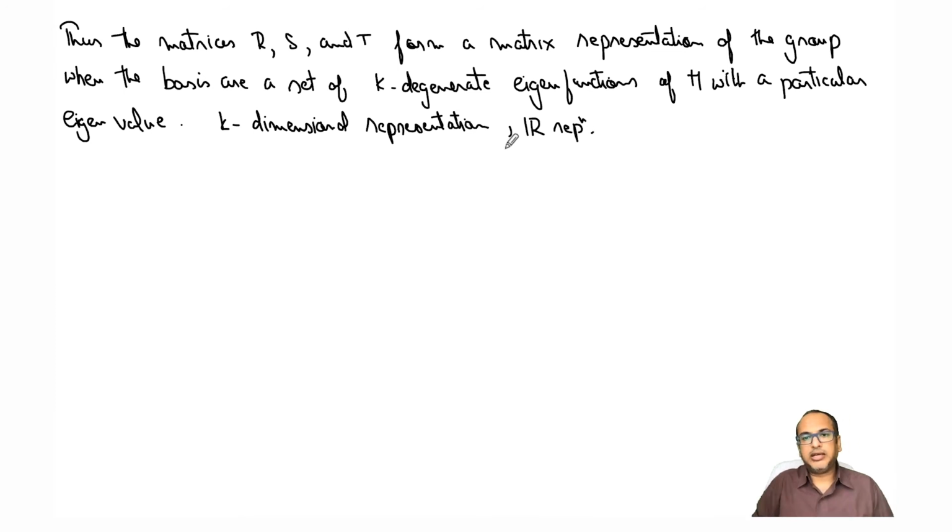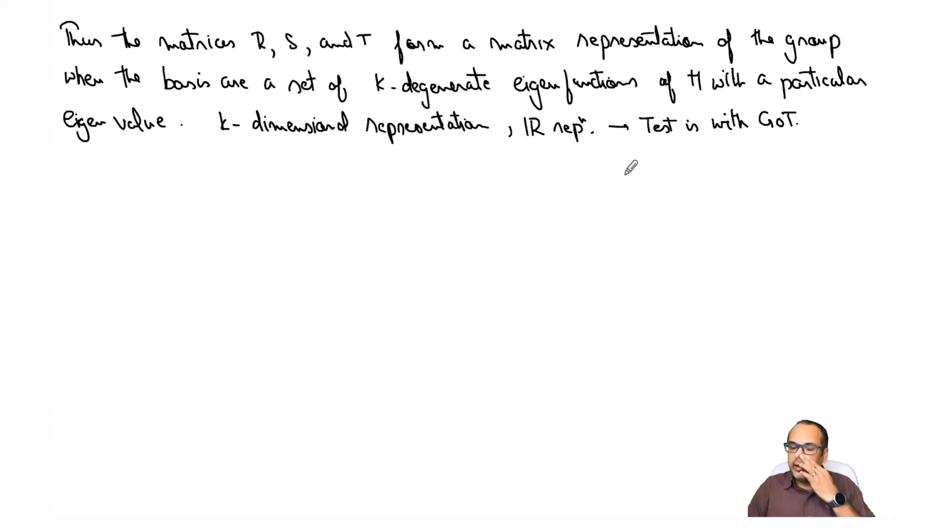We have seen again in the case of the C3v point group that when we started with Px, we got a two-fold degenerate representation, which was an irreducible representation, and we can always test it with the GOT, right? So that should be clear now. We started with an example of a two-fold degenerate case, and we have shown that the same thing can happen for a k-fold degenerate representation.